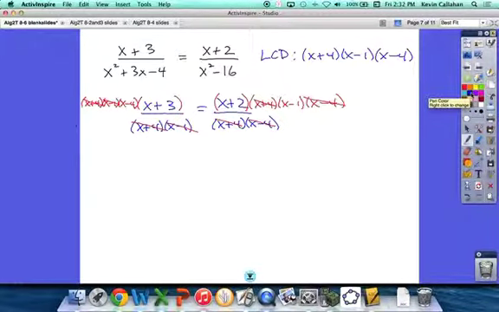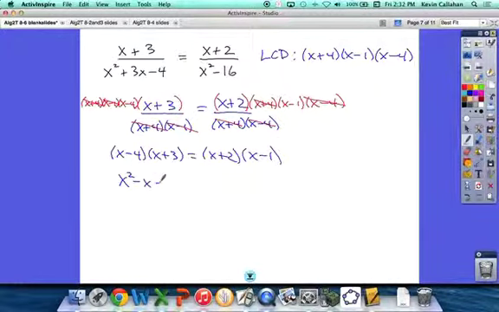And now what do I have left? I've got x minus 4 times x plus 3 equals x plus 2 times x minus 1. Right? FOIL both sides. x squared minus x minus 12 equals x squared plus x minus 2. Okay.